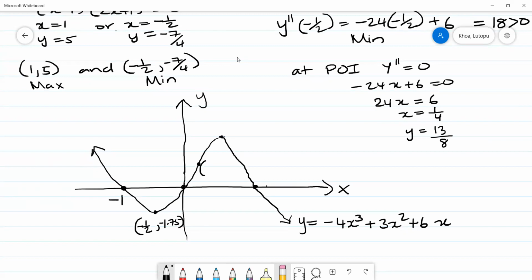Origin, here I have a quarter and 13.8. My maximum is at 1, 5, and this intercept is at 1.6. Okay, so that is how you sketch the curves.